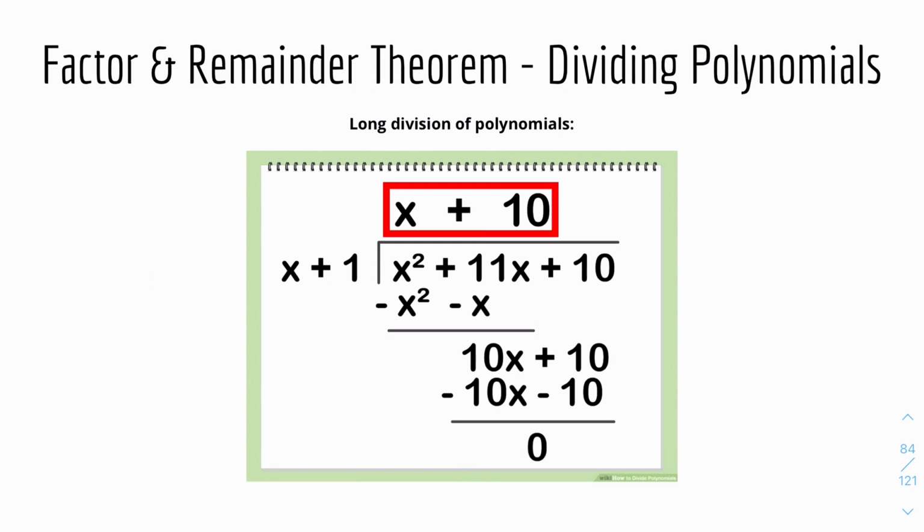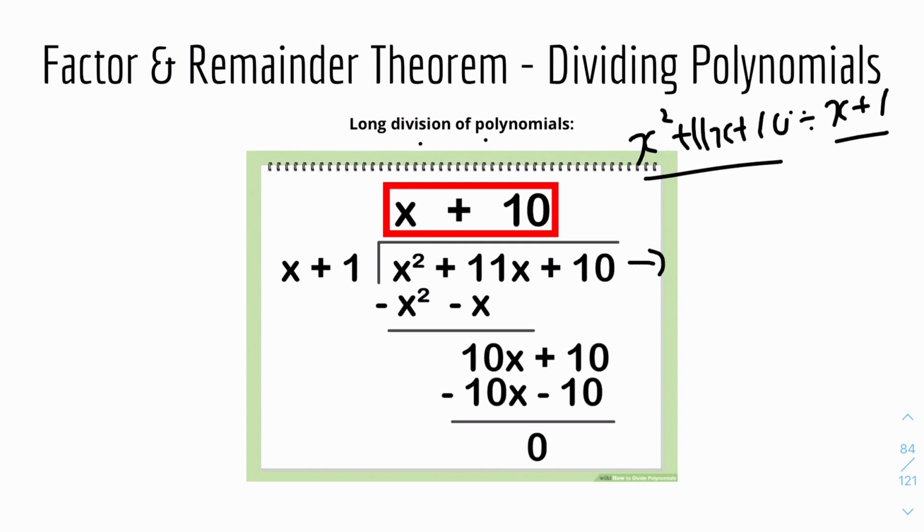So here's more on dividing polynomials, and this is what we call long division of polynomials. When you have a function, let's set the function as x squared plus 11x plus 10, and let's say you have to divide it by x plus 1. Basically it's written as this, as we see just now.